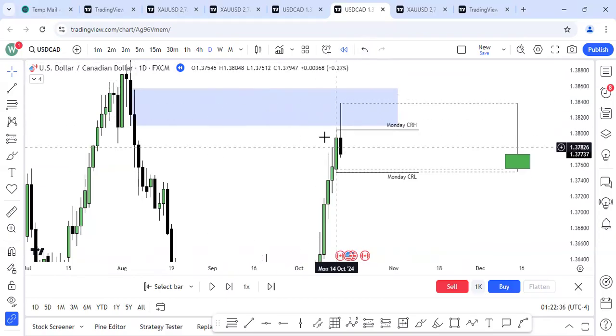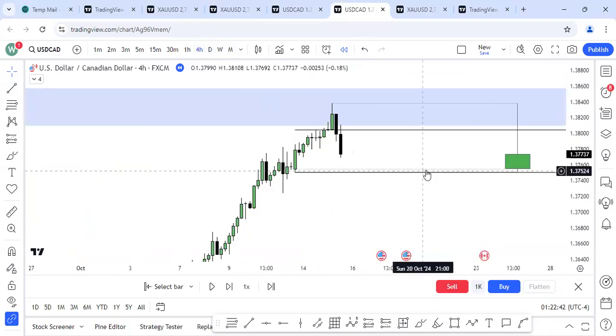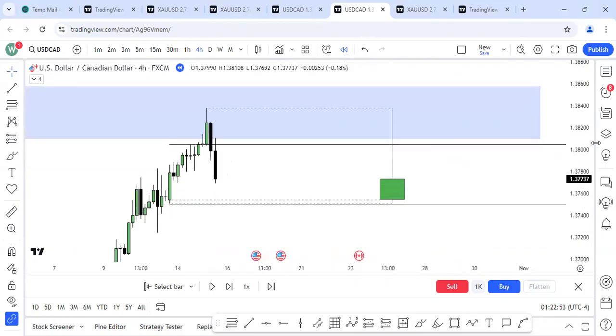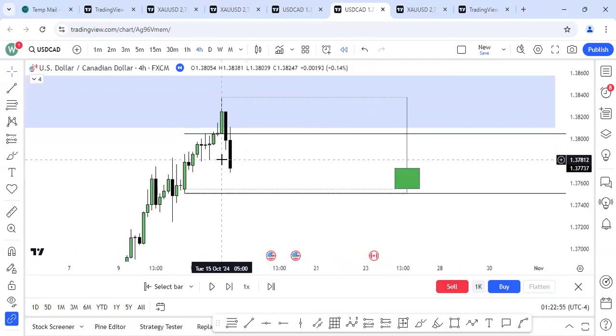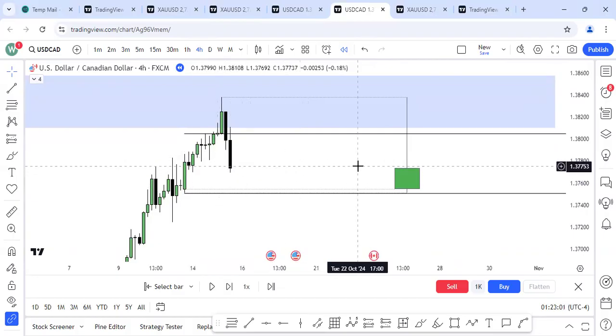Then what I did, I went to the 4-hour time frame, and now we have a confirmation that price just retraced back to the Monday range. I was expecting to see a bearish continuation from the Wednesday candle.